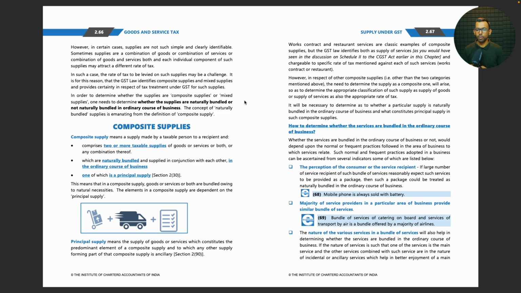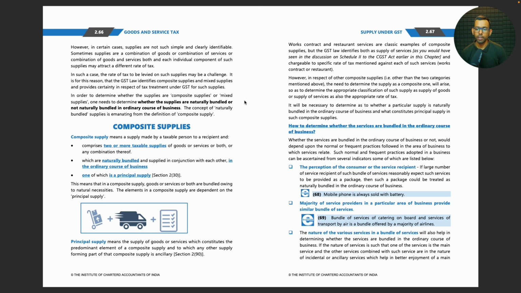However, in respect of composite supplies other than the two categories mentioned above, the need to determine the supply as a composite one will arise so as to determine the appropriate classification of such supply as supply of goods or supply of services, as also the appropriate rate of tax. It will be necessary to determine whether a particular supply is naturally bundled in the ordinary course of business and what constitutes principal supply in such composite supplies.